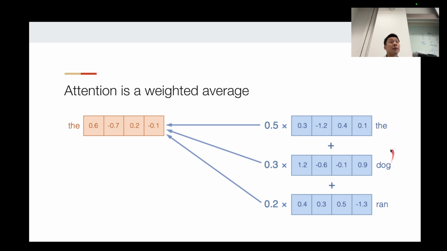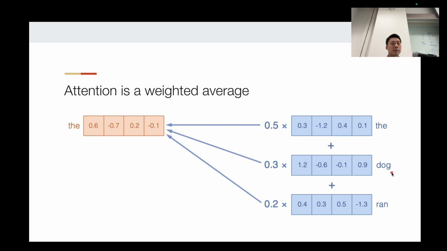The is a determiner for dog, so it should give it more attention than the word ran. And to get a new embedding that is contextualized, as in it considers all of the dependencies for the word, you need some way to compute the attention between the word that you are trying to get the embedding for and all of the words in the sentence.